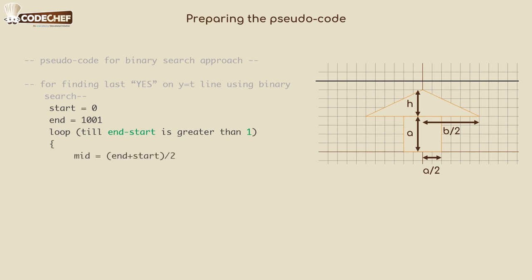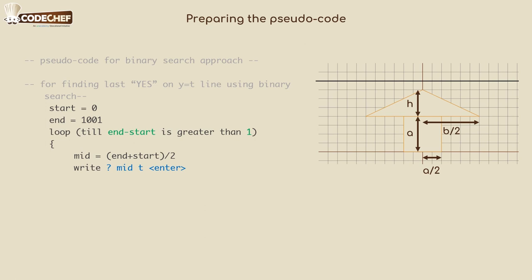So every time we need to declare mid is equal to end plus start divided by 2. For asking a query, we need to write question mark, space, the x coordinate, which is here mid, and the y coordinate, which is here t, because we are finding on the y is equal to t line, and then an enter. This enter is very important.